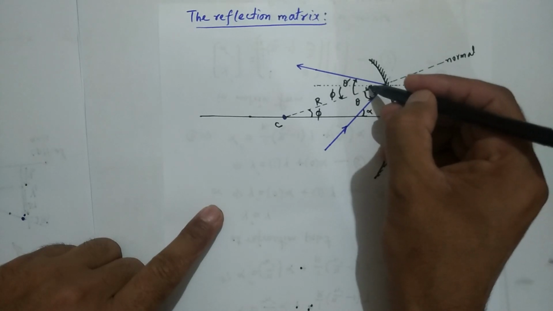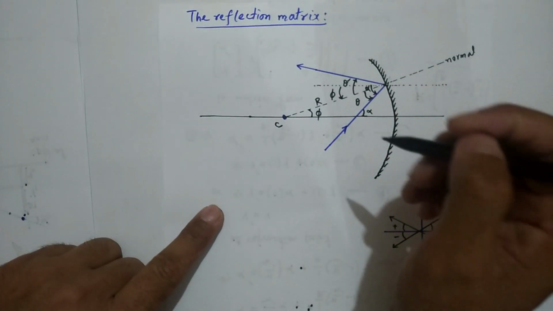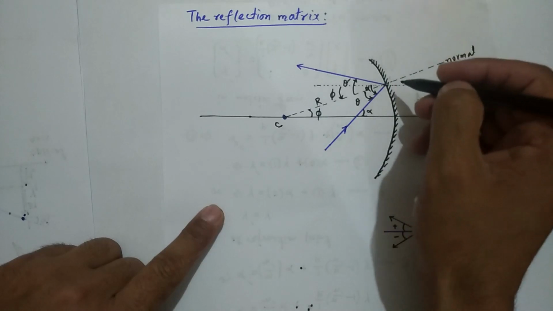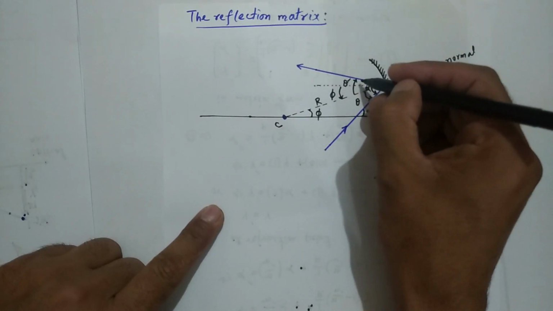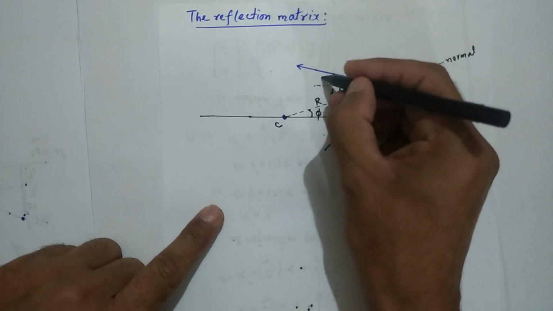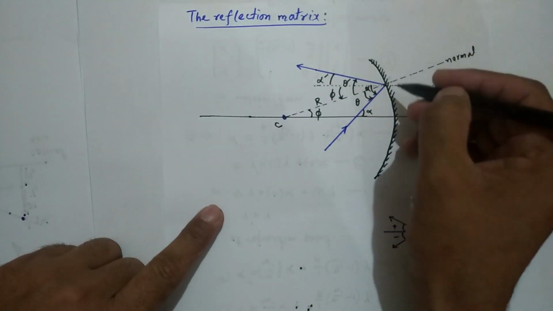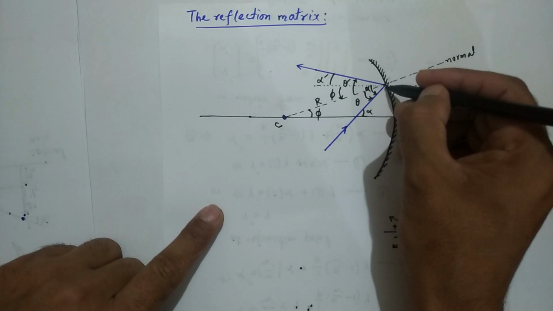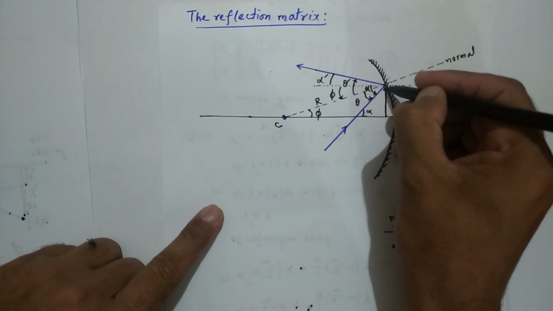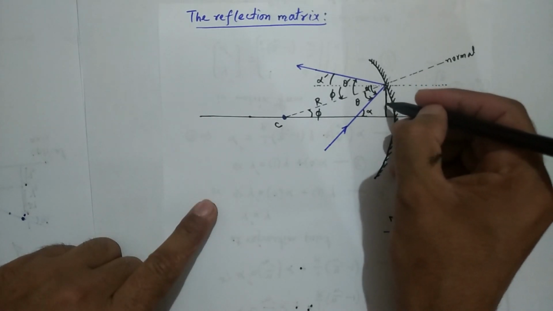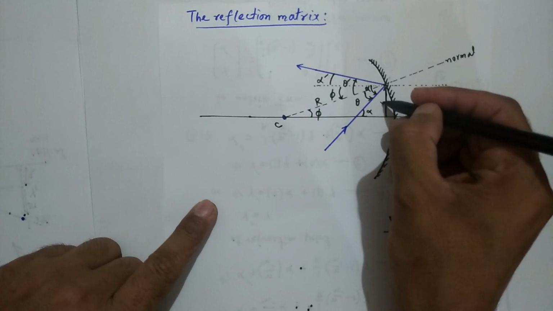And similarly, the angle of the reflected ray with the optical axis, this is alpha prime, and the point where the reflection takes place, its height from the optical axis is y.